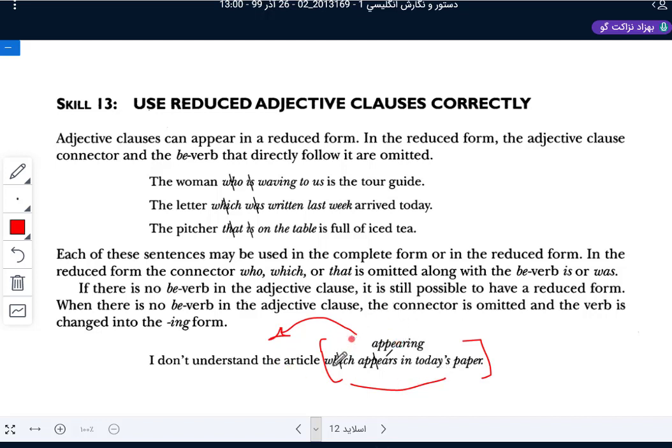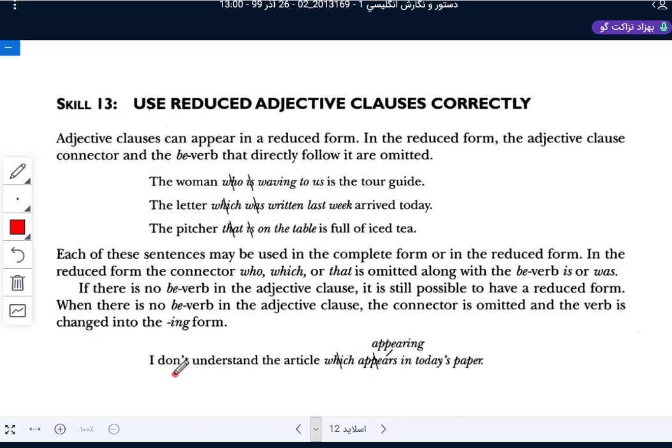When we reduce it, we will have a simple sentence because we have one subject and one verb. Appearing is not a verb. Appearing is a verbal, so we cannot take it as a verb. So the sentence is simple when you reduce it.